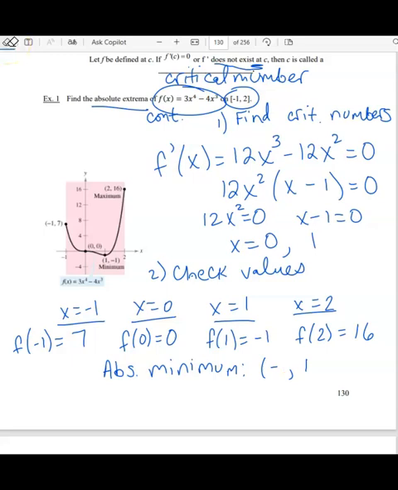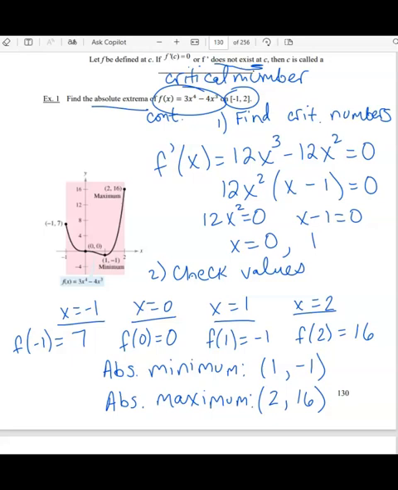The x value, rather, was a +1, this point right here. But the lowest, the y value, was -1. So it occurred at x equals 1 with a value of -1. And then the absolute maximum among all those values was at x equals 2 and a value of 16.